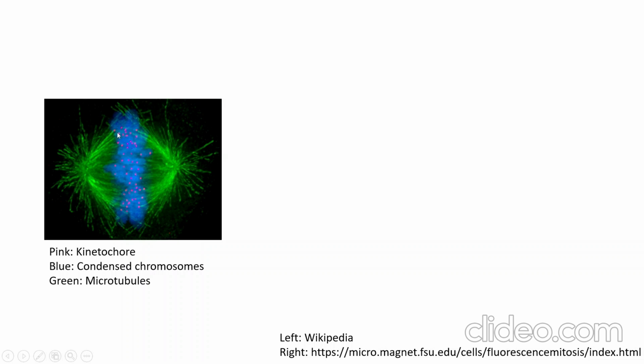These kinetochores help the spindle apparatus attach to the chromosomes, and they help with aligning them at the metaphase plate and eventually pulling them apart. So this is another great fluorescence image of that.